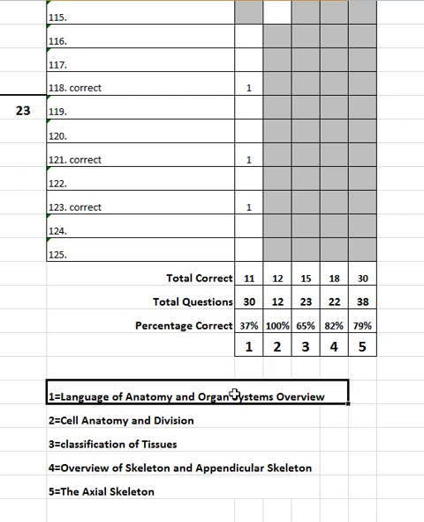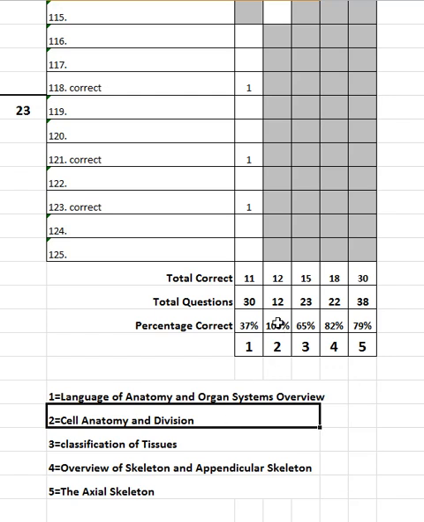Where I wouldn't spend very much time at all, of course, would be the cell anatomy and division, because I got every question from that lab correct. So use your results to determine where to spend your time between now and the practical.